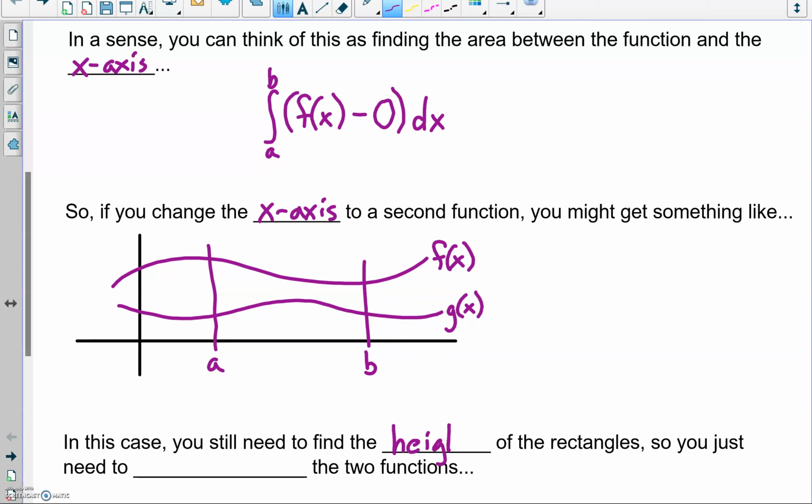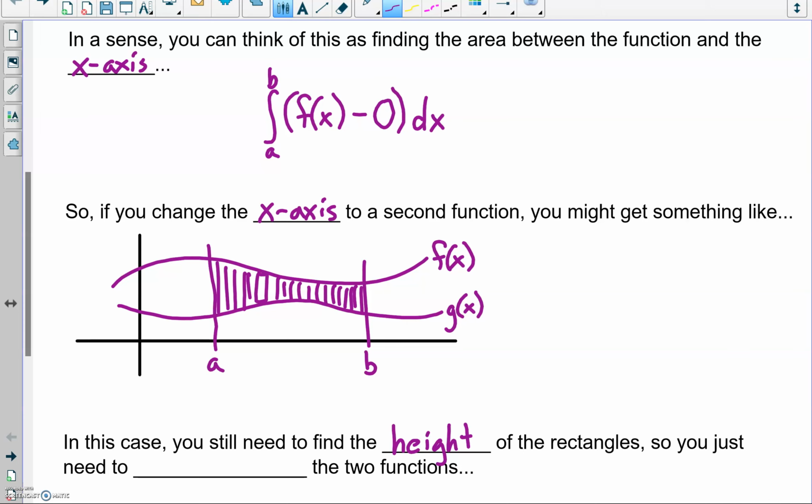We still need a representation for the height of those rectangles that are going to be packed in between the a and the b. Now, if I draw in a representative rectangle, I'm looking at the area between an f of x and a g of x. In this little region here, I want to find the area between these two curves.